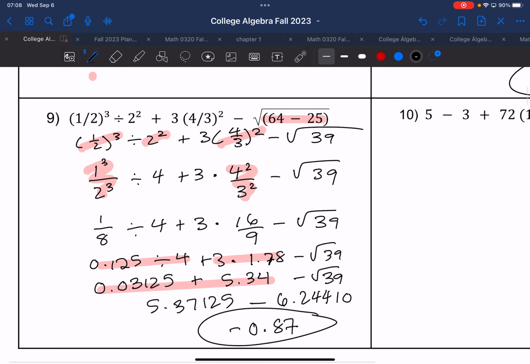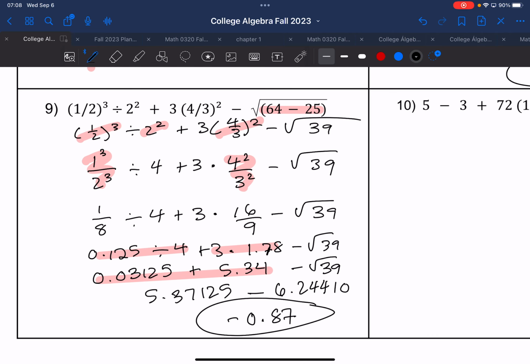How off would it be if you didn't do 5 spaces on that 6.24? Not by much. It wouldn't be off like a crazy amount. If I just rounded this part right here to 6.24, I would get negative 0.868, which would turn into 0.87 because we're rounding to 2 decimal places.